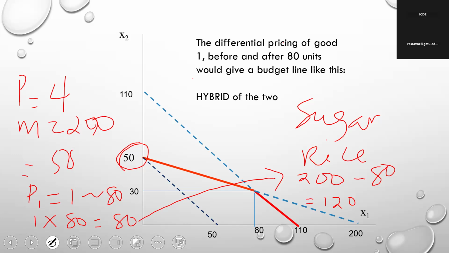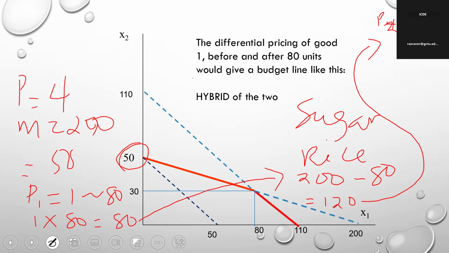So what am I going to do? After 80 units, you will buy the rest at the normal price within the market, which is what? 4. So after 80, we have 120 left. Oh, my board is gone, forgive me. So I have to move back to P2, which is 4 cedi.